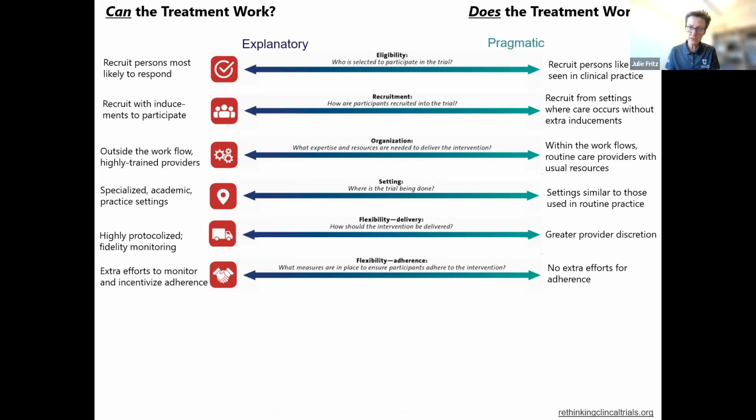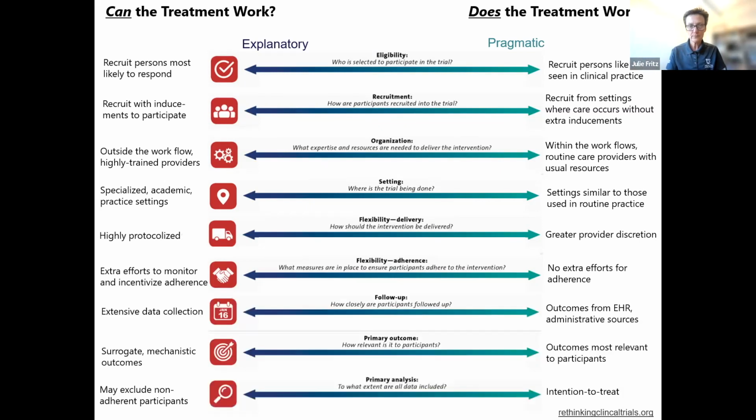A pragmatic study would really use nothing beyond what's typical in routine care. So if a patient misses an appointment, you might call them. That often happens in clinical practice. But an explanatory approach would go beyond that and often uses incentives to promote adherence, like financial remuneration.